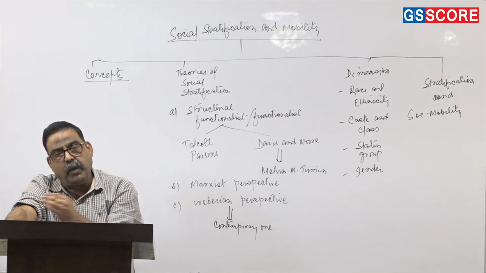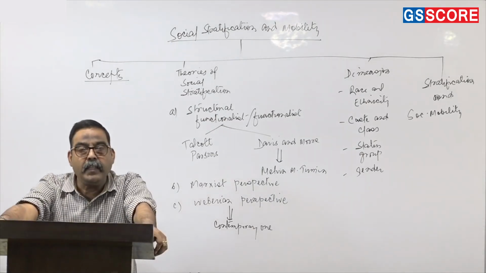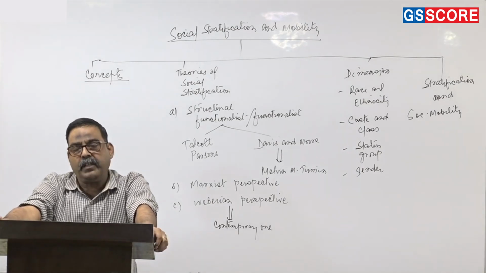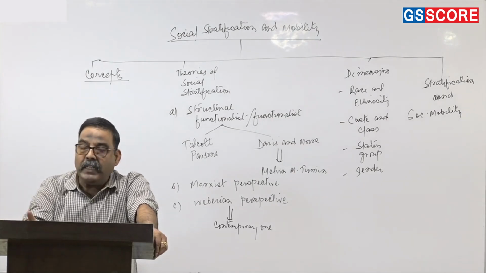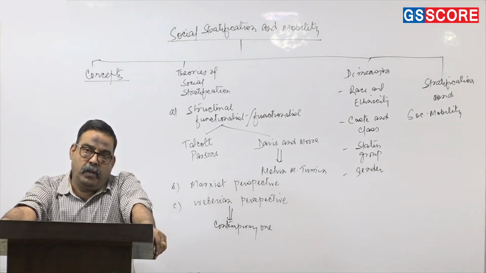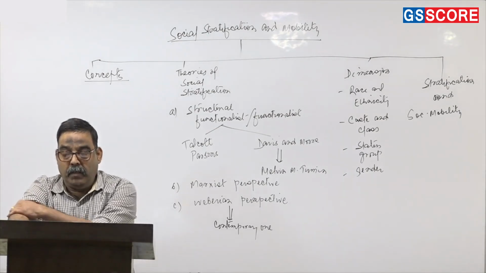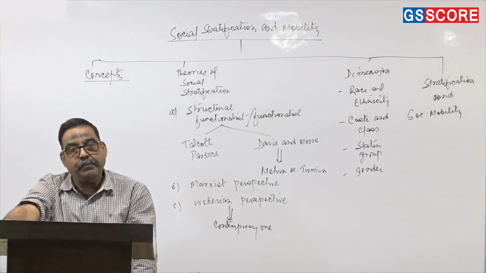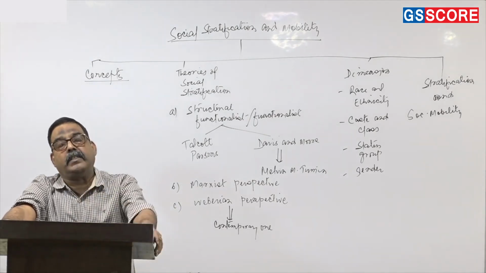But in this whole process, when we are talking about ranking people one above another, or ranking groups of people one above another, on the basis of certain socially desired worth, that could also include inborn quality, material possession, performance, achievement, which society considers desirable.